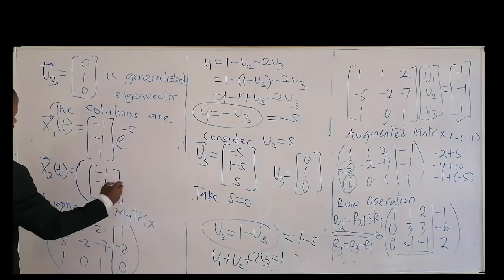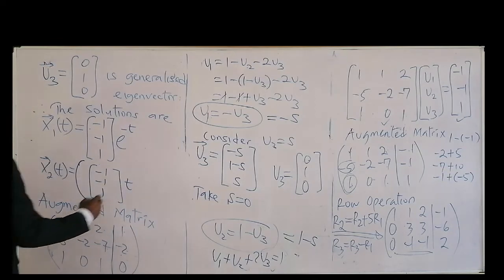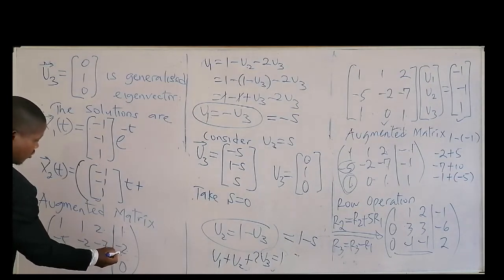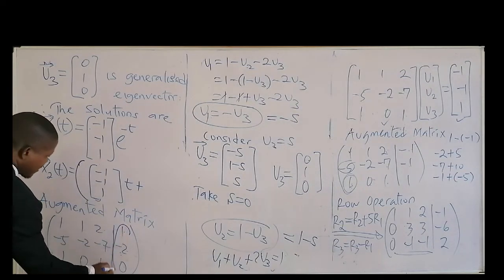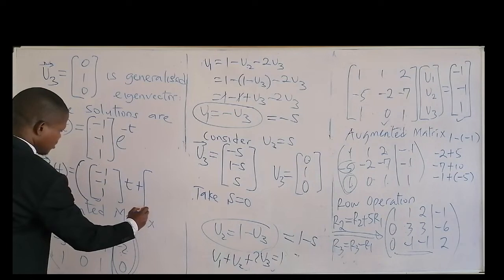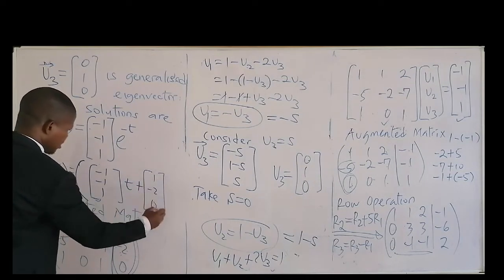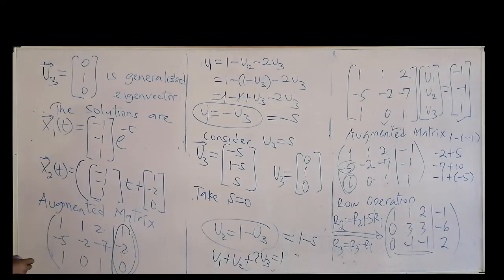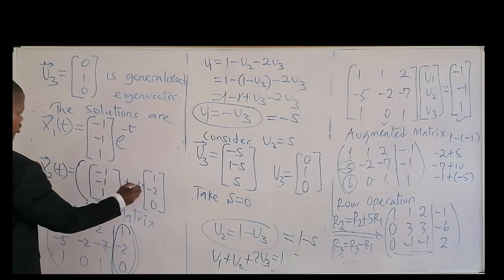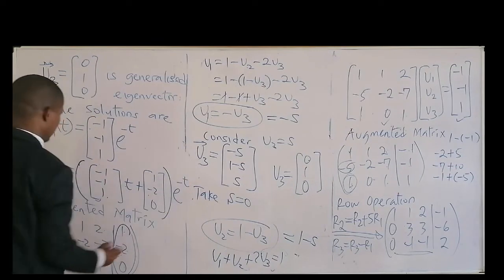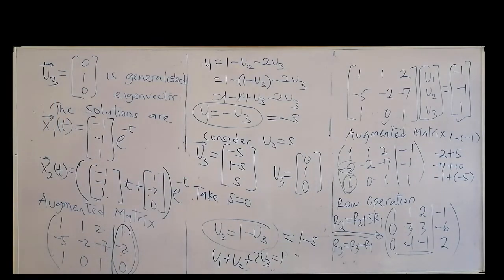So it's U1 t, you put your t beside, then plus the second, the generalized eigenvector, which is this one here, that will be equal to what? 1, minus 2, 0, and then that's U1 t plus U2, then you close it, exponential minus t. So that's the second solution.